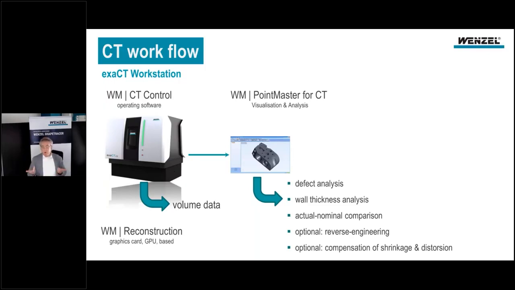This goes fully automatic, so when the scan is finished, we can start with the software evaluation. In the Point Master, we can do many different kinds of evaluation. We can do, for example, a defect analysis, a wall thickness analysis, and an actual nominal comparison, optional, depending on the application.